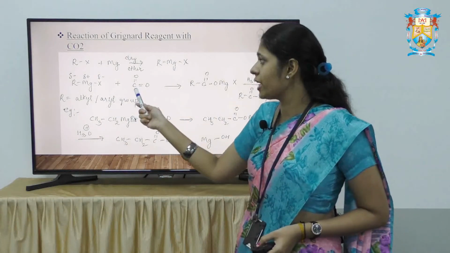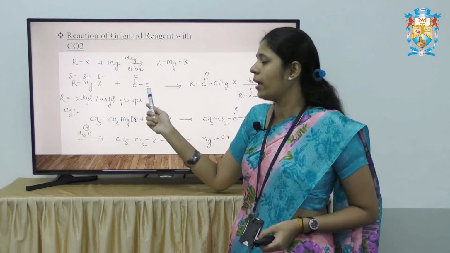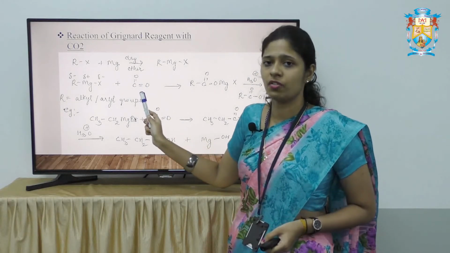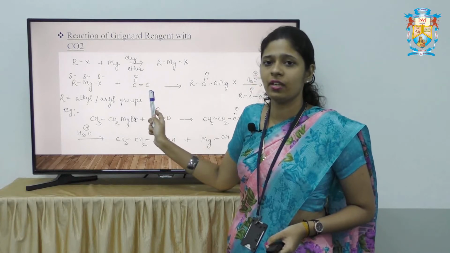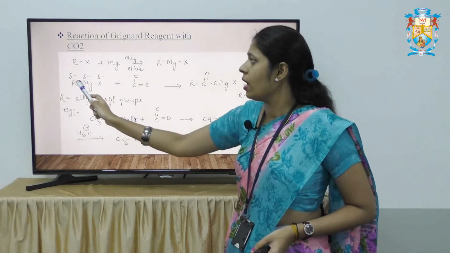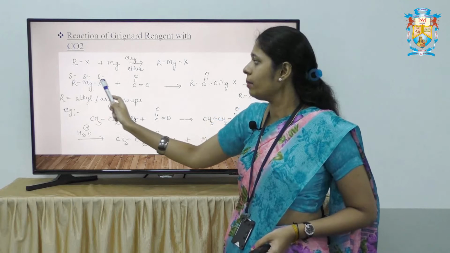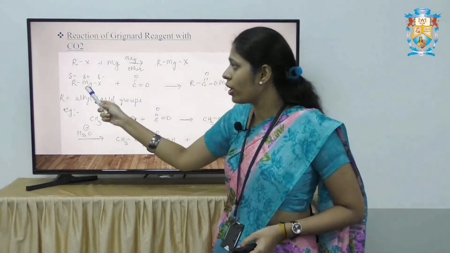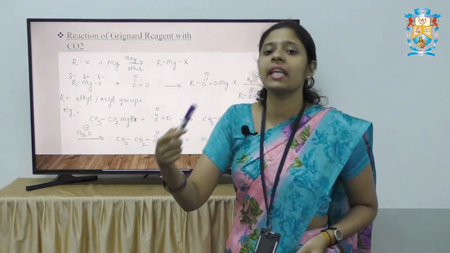So carbon dioxide consists of C and O, that is CO2. Now this carbon is a positive charge, oxygen is a negative charge. Now this negative charge will go towards the positive charge and the positive charge will go towards the negative charge.